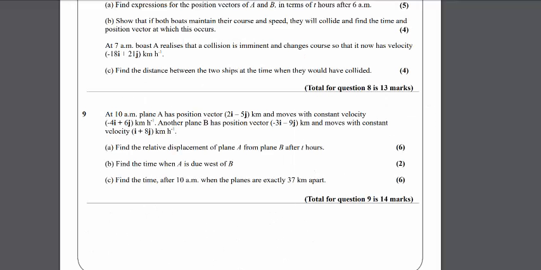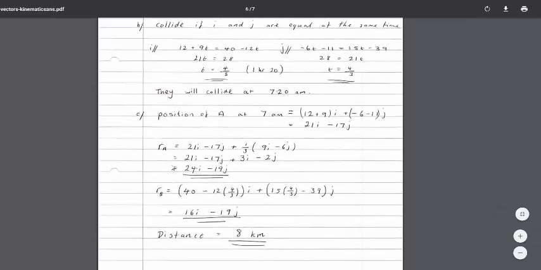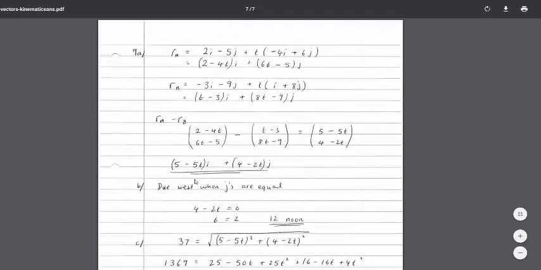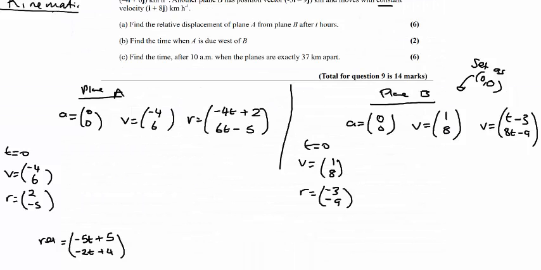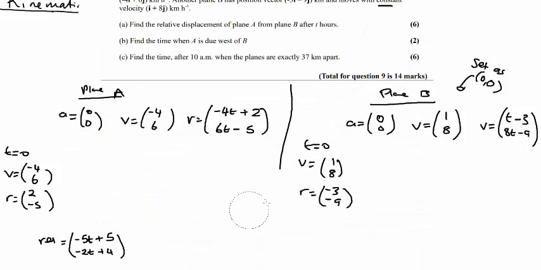I'll double check that's right, so I'm not wasting time. 5 minus 5t, yep. 4 minus 2t, excellent. Okay, so that's the relative. So let's have a look at that, that one's done.